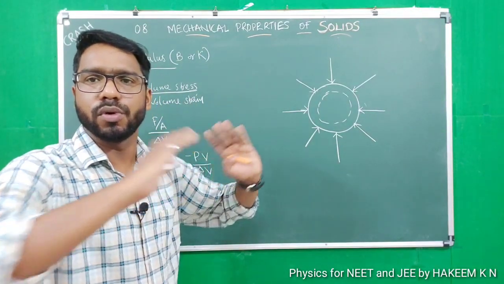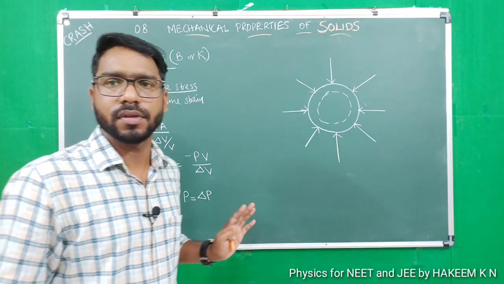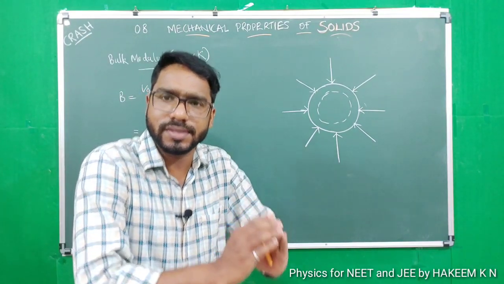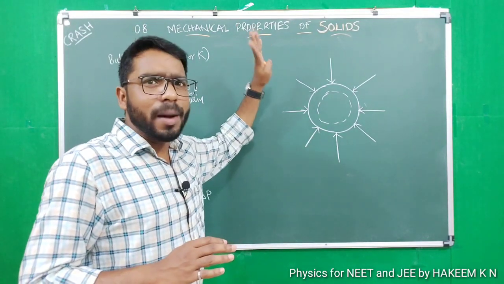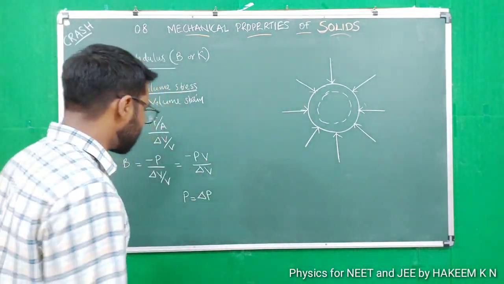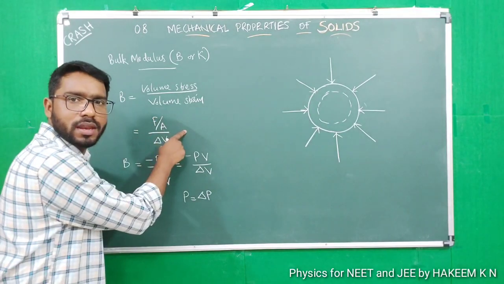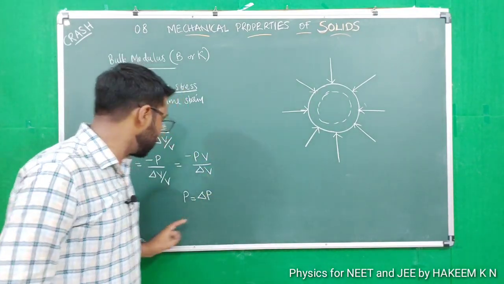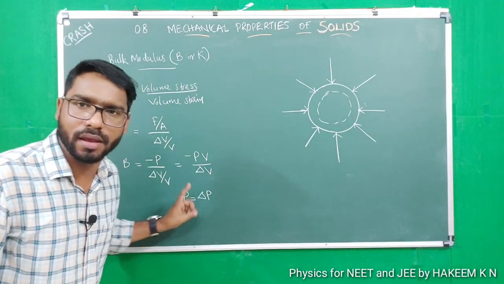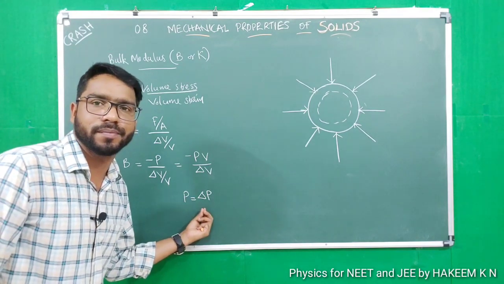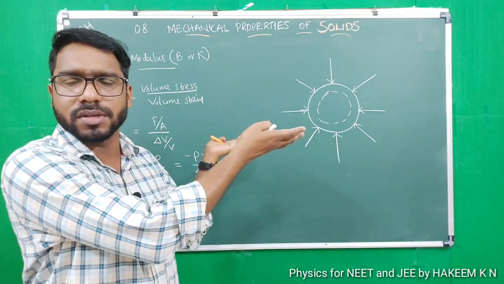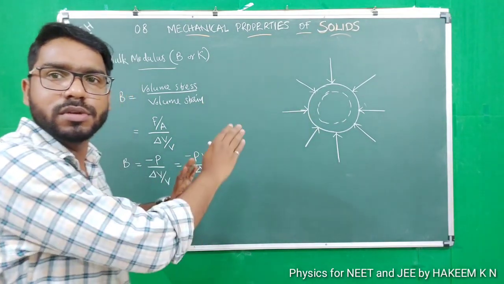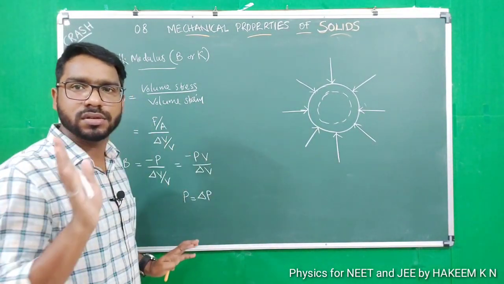Then volume of the body decreases. If pressure decreases, volume increases. Then the applied stress is P, force by area, or delta P. Not all the pressures present there. There may be atmospheric pressure. We are not taking atmospheric pressure into consideration.